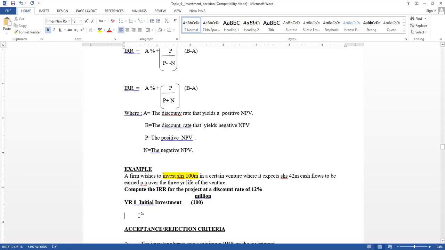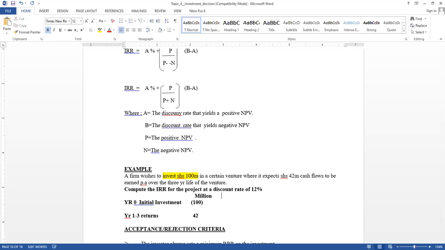Then from year 1 to 3, I expect to receive the cash inflows, the returns will be 42M.